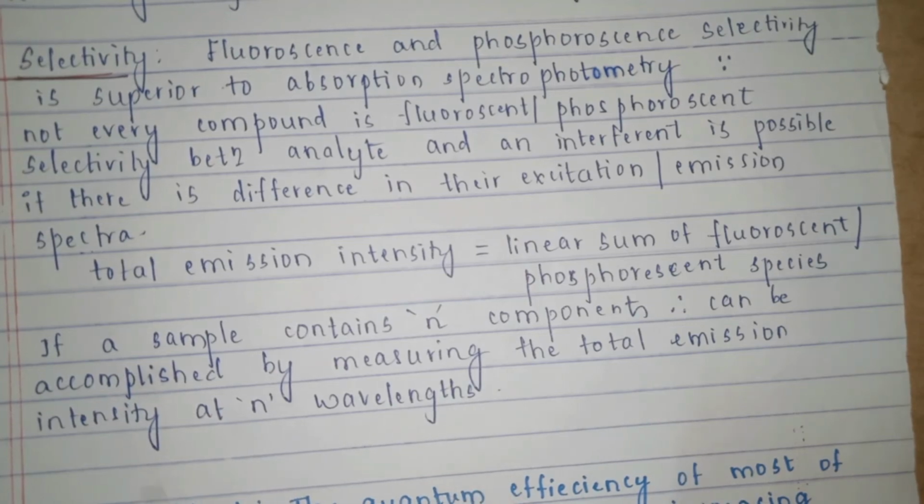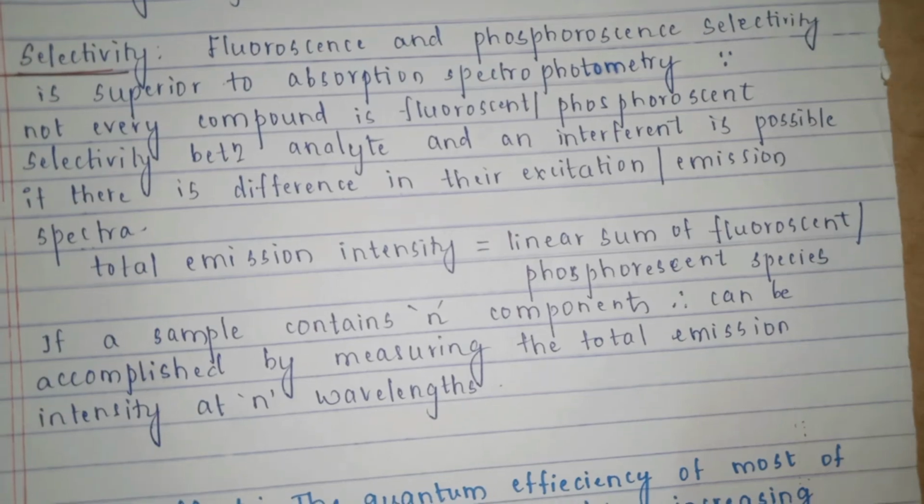That means I can go on changing the wavelengths and understand whether this particular compound is fluorescent or not. If there is a mixture of compounds, few compounds may be fluorescent and few compounds may just give radiationless deactivation. Few compounds may give radiative deactivation, which will lead to fluorescent and phosphorescent phenomena.